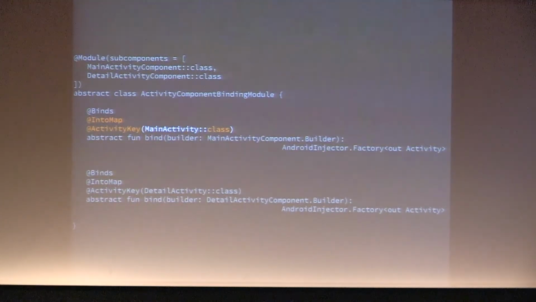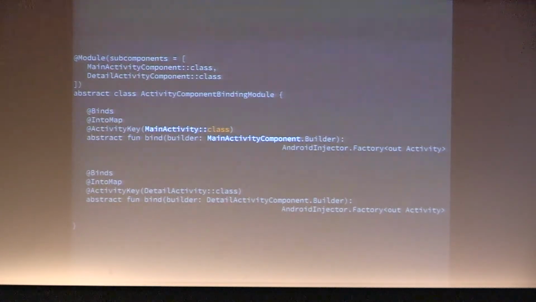So here the key will be the main activity class that you declare with your activity key annotation, and the value inside the map will be the return value of your method. So with this method, you will add an entry in your map where the key will be the main activity class and the value will be the main activity component builder upcasted to a factory.